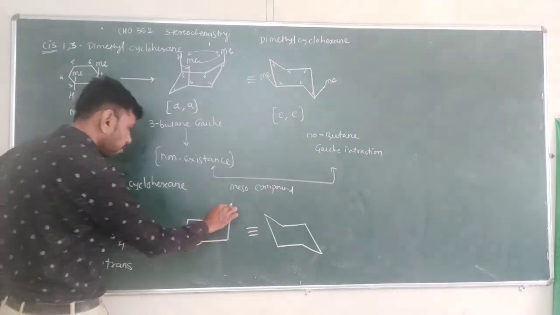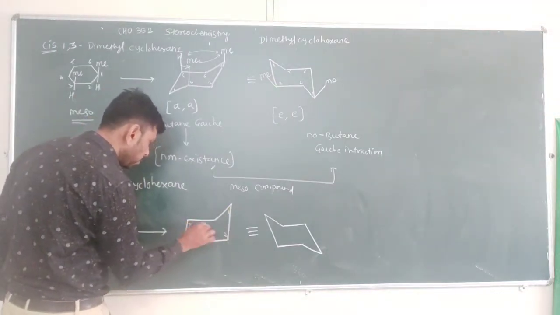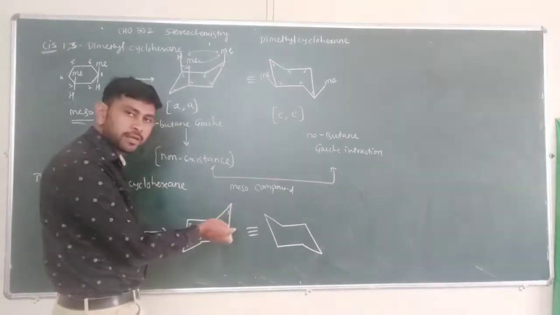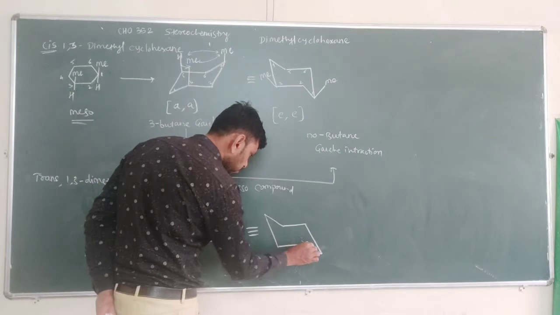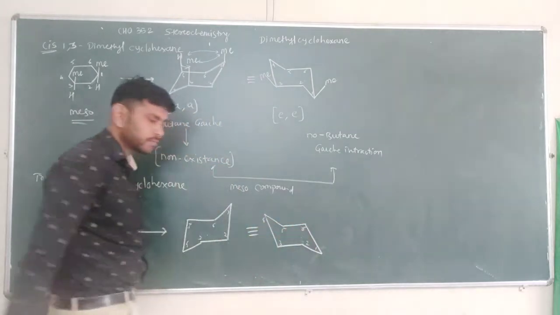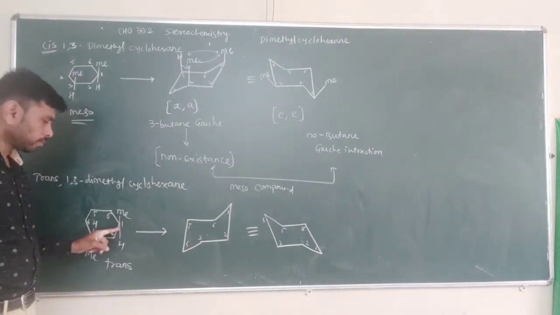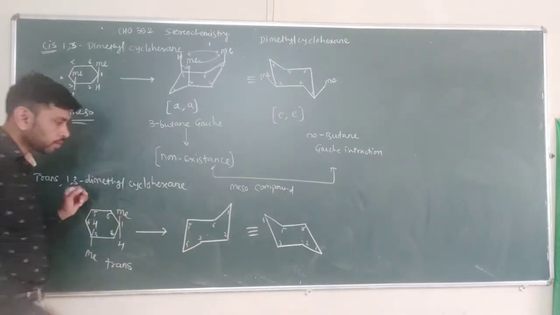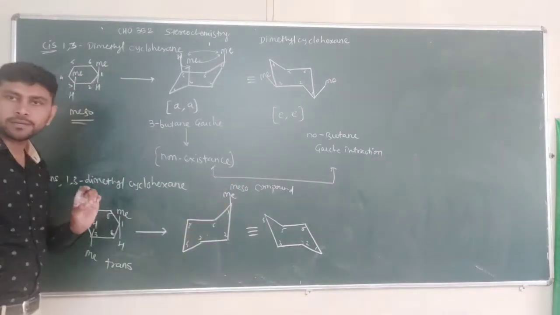So numbering here 1, 2, 3, 4, 5, 6. After flipping, the numbering changes, here 1, 2, 3, 4, 5, 6. So position number 1 contains a methyl group in the upside, so methyl group here on the upside.